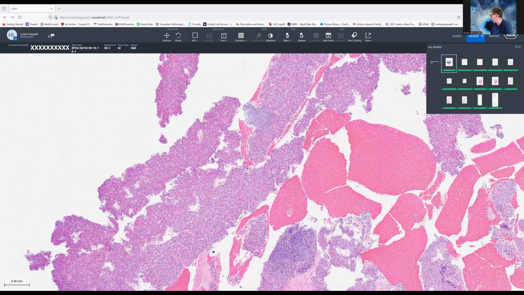We have a very hemorrhagic background, and a mixed pattern of red cells and pink tissue that looks very much like it could be some sort of neoplastic process. In addition, we have a little bit of inflammatory infiltrate in this lesion that we'll take a look at as we go forward.